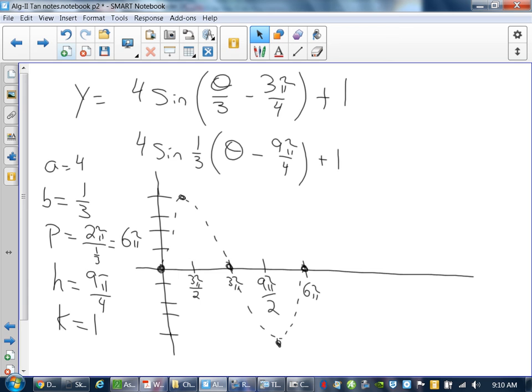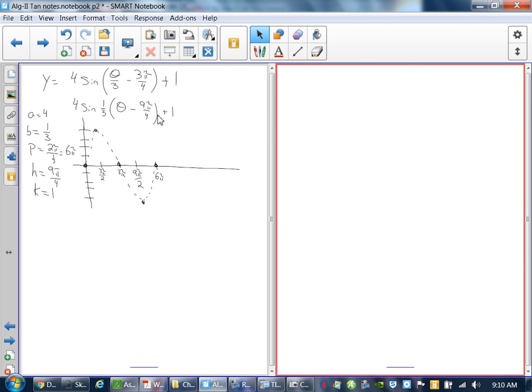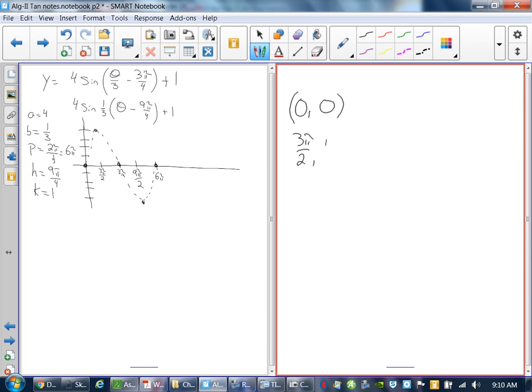So if I start listing out ordered pairs here, let's see, 0, 0. That was easy. 3 pi over 2, 4. 3 pi, 0. 9 pi over 2, negative 4.